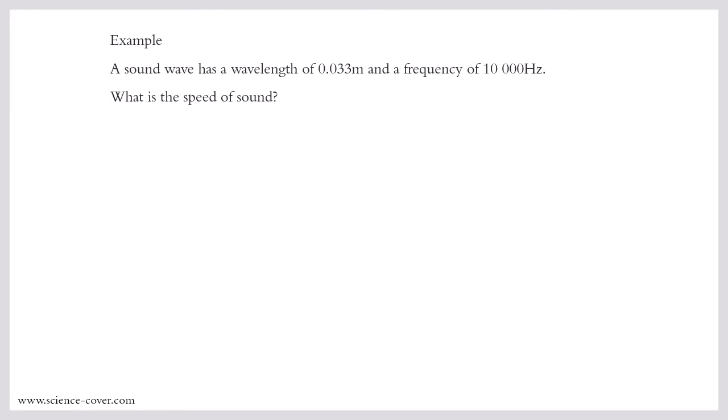Let's look at an example. A sound wave has a wavelength of 0.033 meters and a frequency of 10,000 Hz. What is the speed of sound? So to find the speed or velocity, we must multiply the frequency by the wavelength. So this is 10,000 Hz multiplied by 0.033 meters. So the speed of the wave is 330 meters per second.